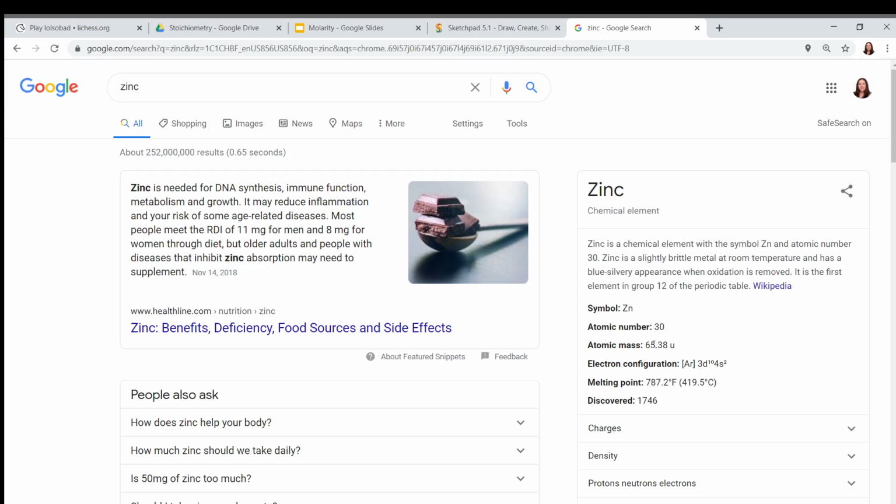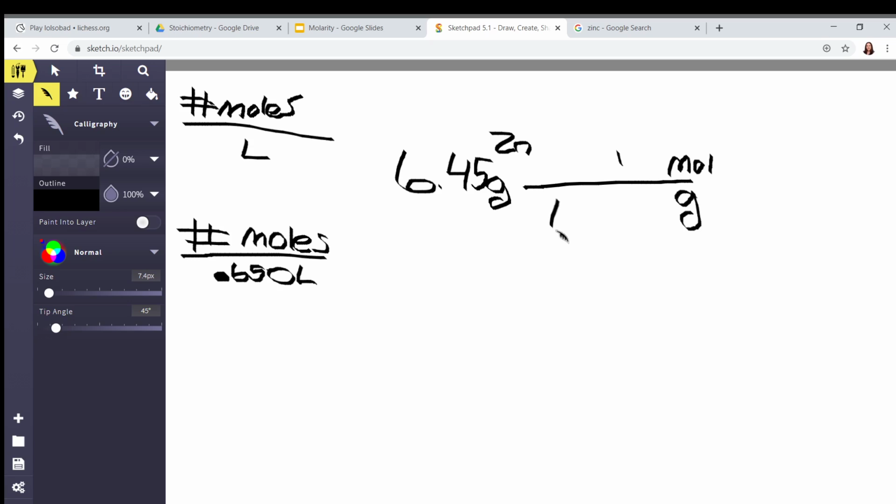And zinc, luckily for us, is 65.38. Okay. We have to take 6.45 divided by 65.38.